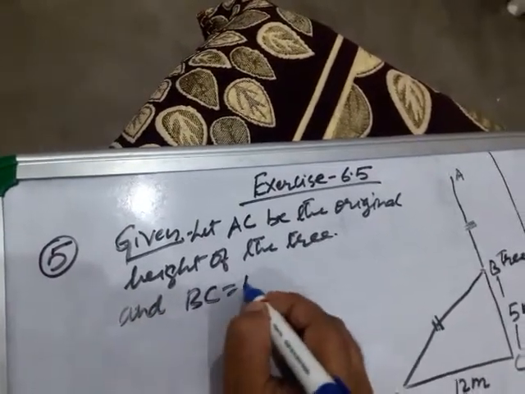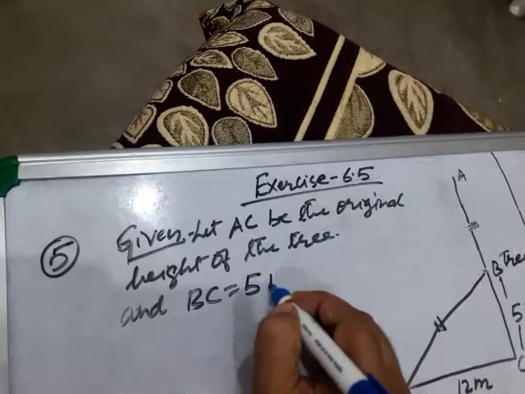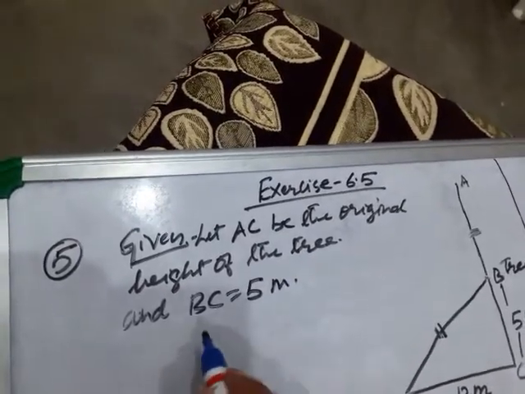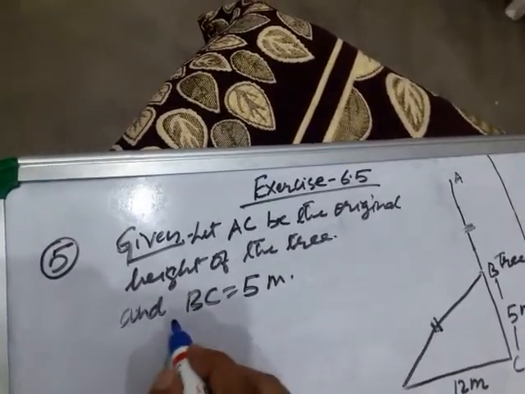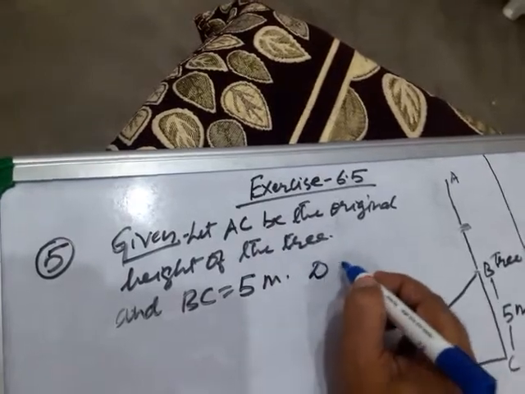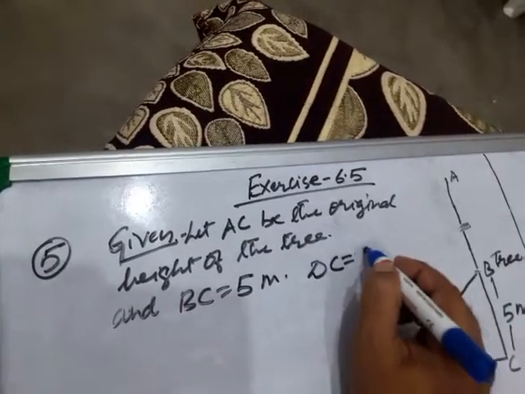BC equal to 5 meter. Clear? Also DC equal to 12 meter.